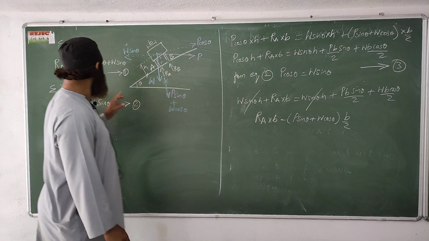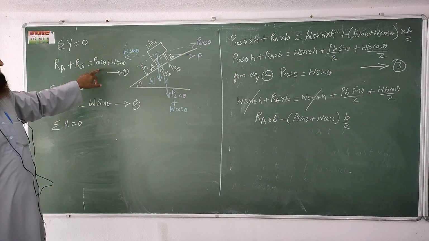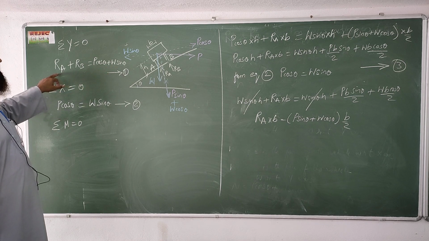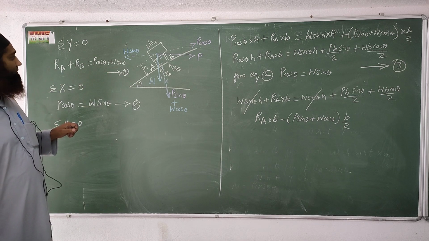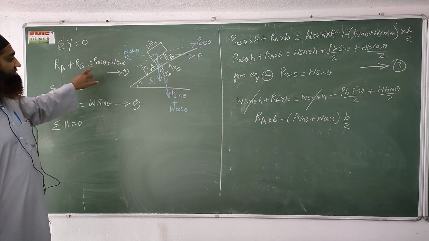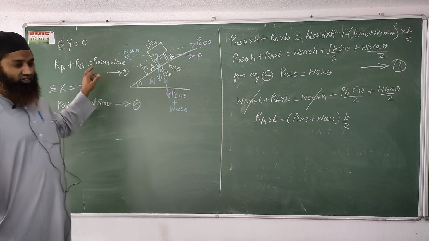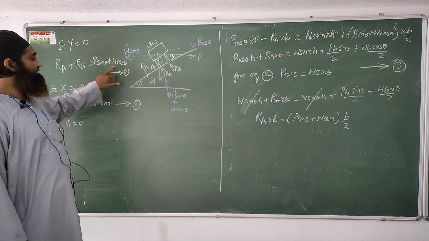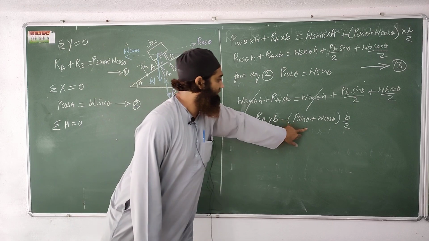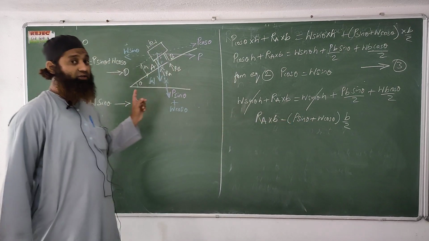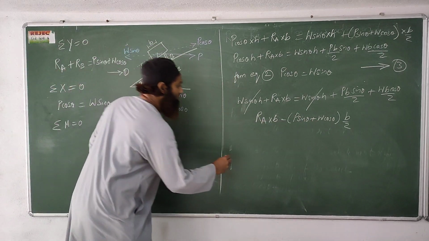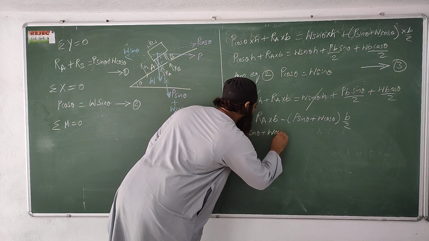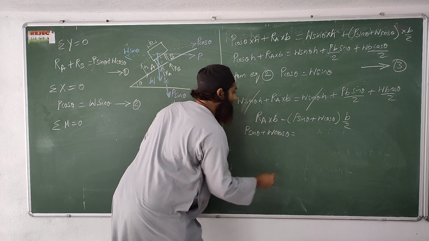Let us see equation 1 here. Equation 1 says RA plus RB is equal to P sin theta plus W cos theta. We'll just substitute this value. We have P sin theta plus W cos theta, and I'll substitute that with RA plus RB.